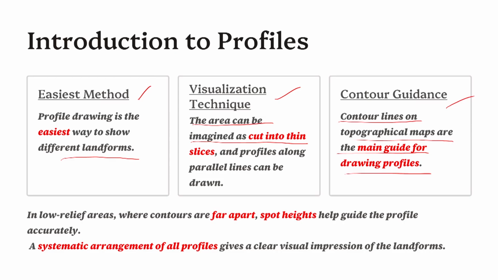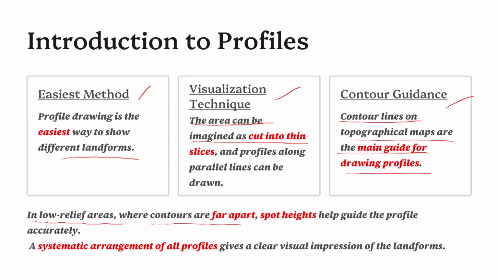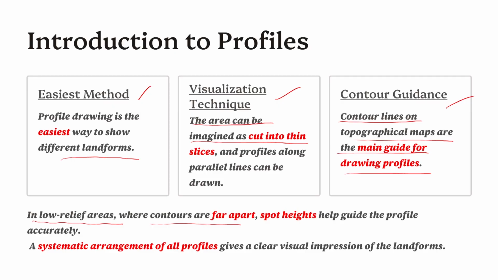So, contour is a major source of data for profiles. In low relief areas, we already discussed these things. Contours very close means that area has a steep slope, whereas sparse contours, with more gap between one contour line and the other, mean the elevation is gentle or moderate.